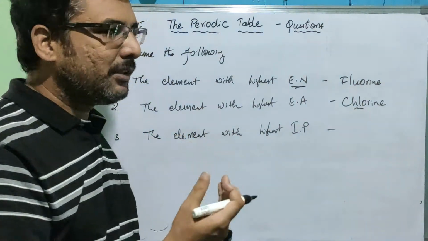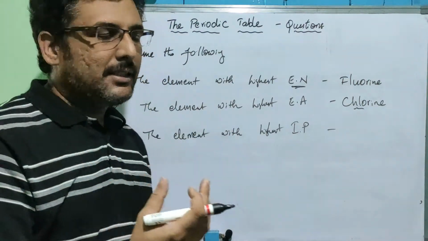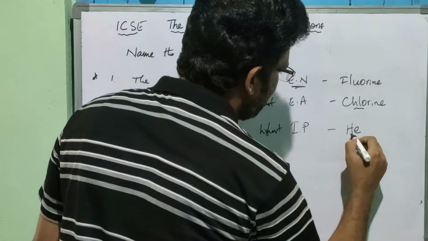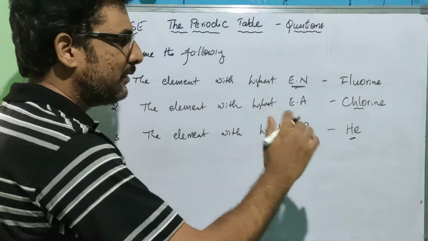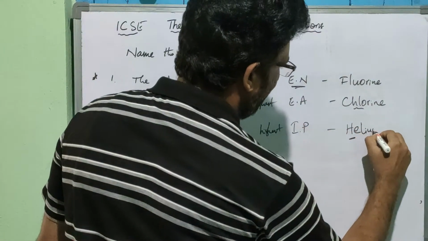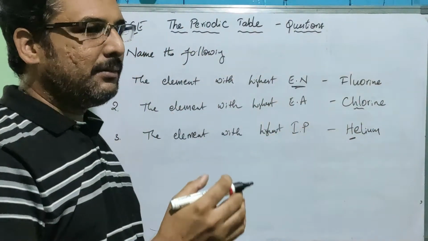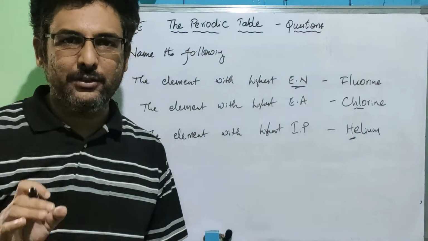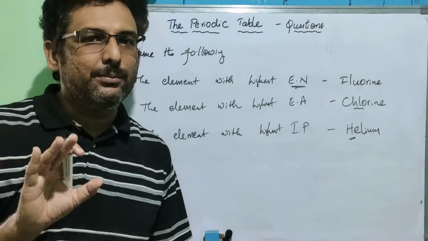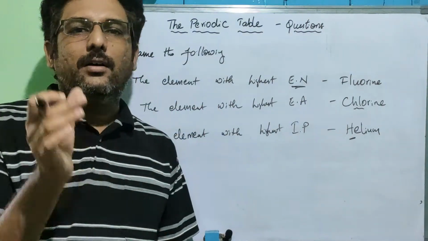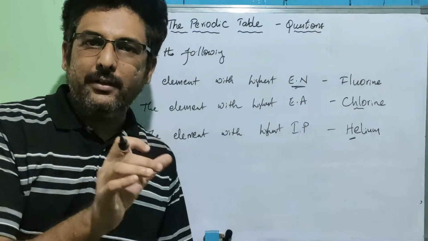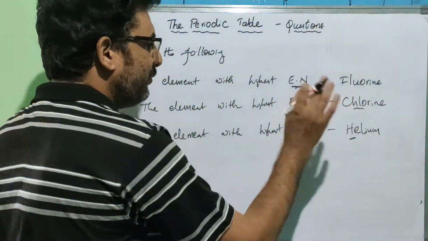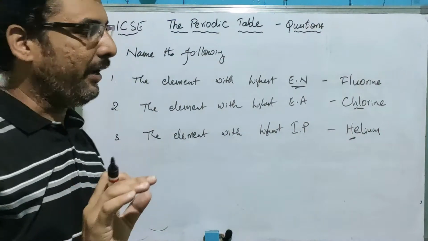In which case will it be highest? In the noble gases, and it will be maximum for helium, because helium and other noble gases have a stable electronic configuration, so it is not easy to remove an electron from an element which already has a stable electronic configuration. That's why helium has the highest ionization potential.